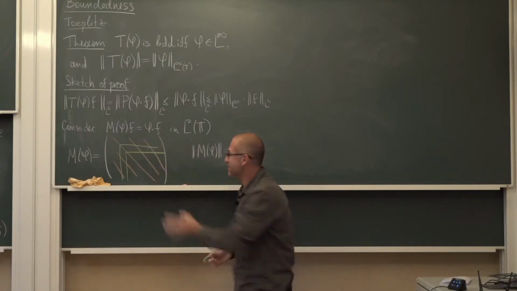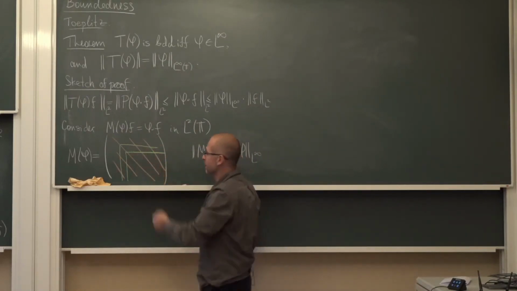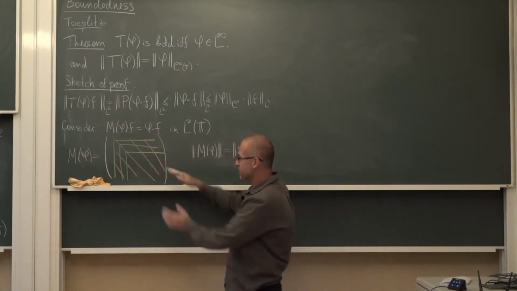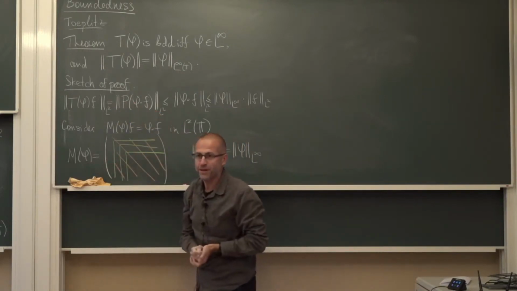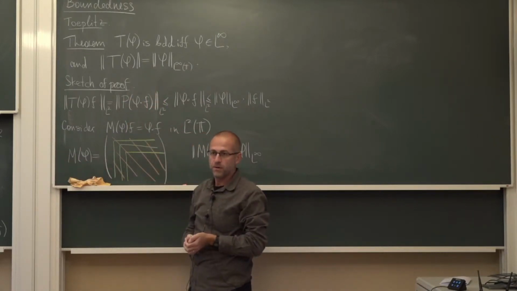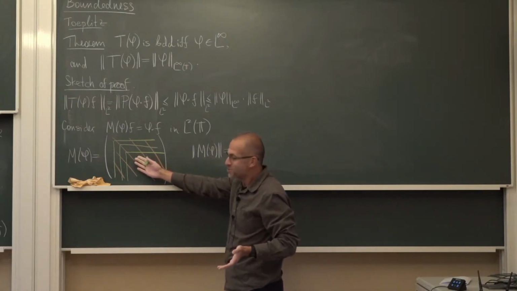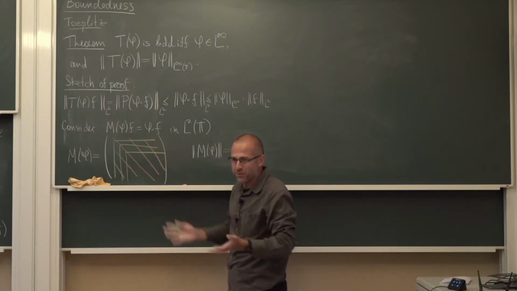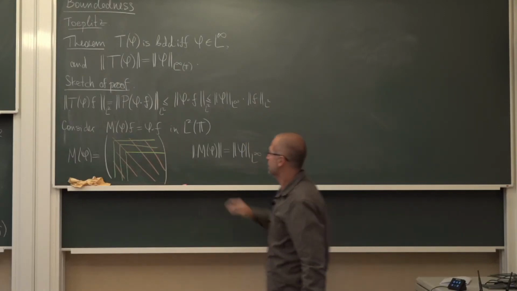What I get is exactly the same operator, unitarily equivalent to this operator. Then I can step back again, and so on. So these are unitarily equivalent copies of the Toeplitz operator, and they converge strongly to the full operator. From this you can see that the norm of this corner cannot be smaller than the norm of the full operator. I don't want to write it down, but I hope intuitively this is clear. That's the proof.